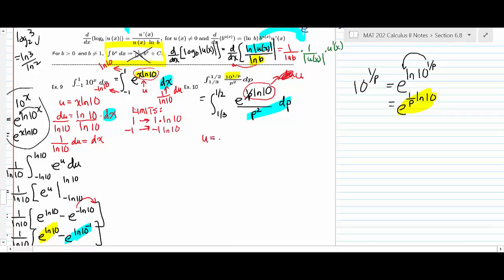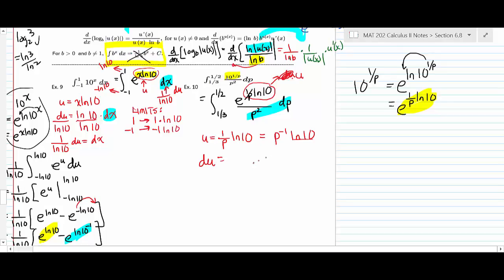We got u is equal to 1 over p ln of 10. If you're going to do a derivative of that, you really should write that as p to the negative 1 ln 10 like that, because you're going to use a power rule when you do that du. So you got to carefully do du. Well, ln of 10 is a constant, so just write it down.